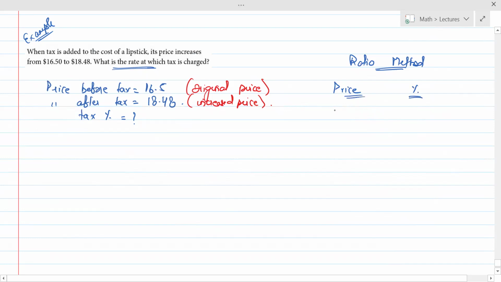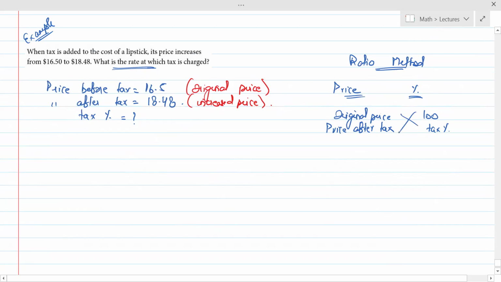The first row of values will be the original price against 100, and the second row of values would be the price after tax has been added, against whatever tax percentage is to be found, right?